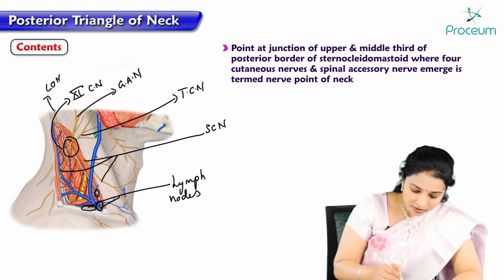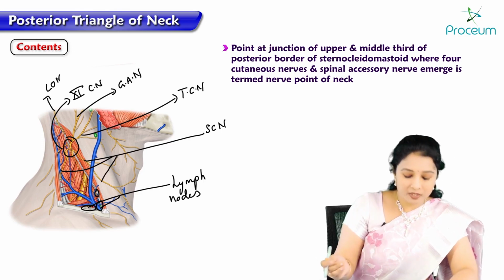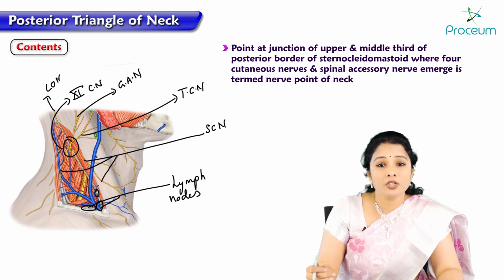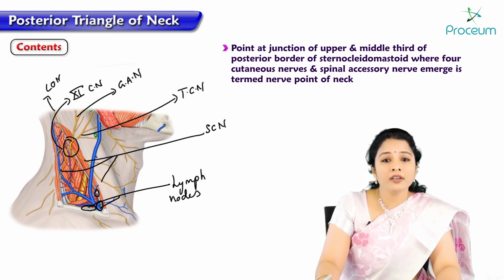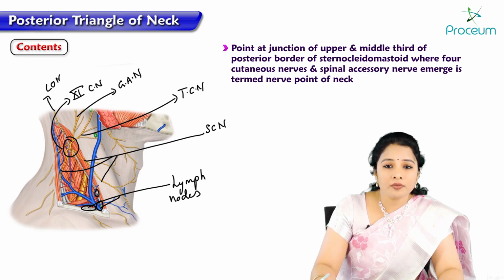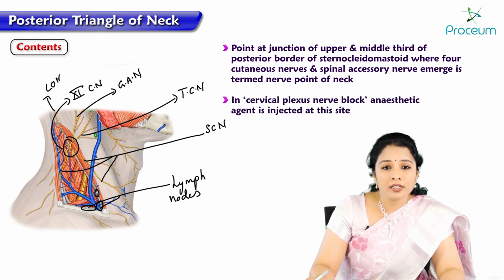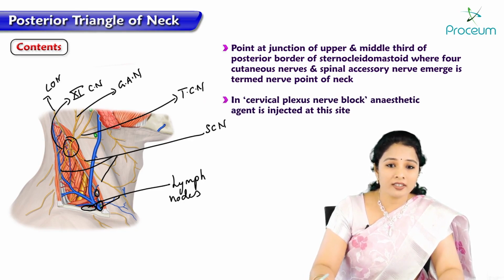So these are the cutaneous nerves, and along with it we can see the spinal accessory nerve. So they all emerge at a point, and this point is called nerve point of the neck. And in the cervical nerve block, the anesthetic agent is injected at this site.